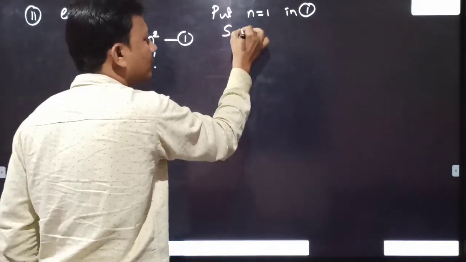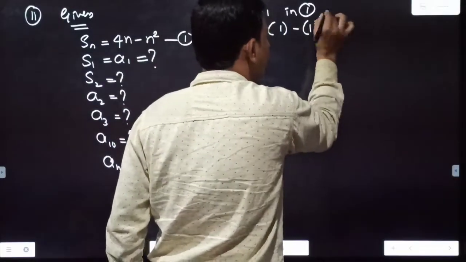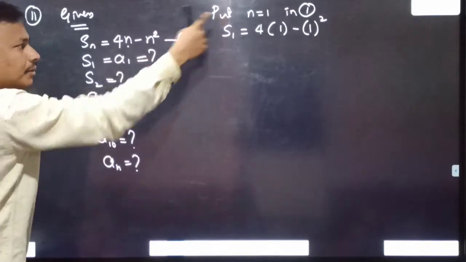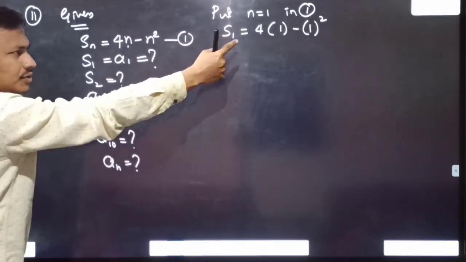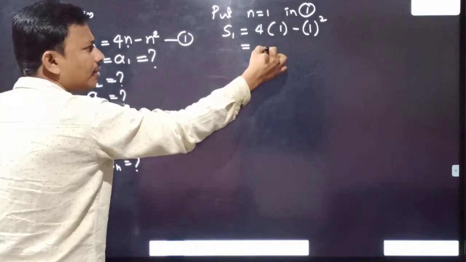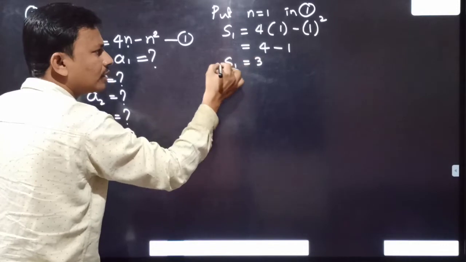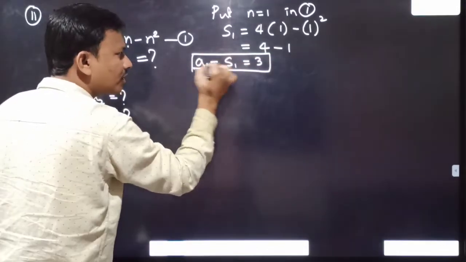Then S1 is equal to 4 into 1 minus 1 square. This is equal to 4 ones are 4, minus 1 square, 1. What is the S1? S1 is equal to what? A1 only. A1 is equal to S1 is equal to 3.